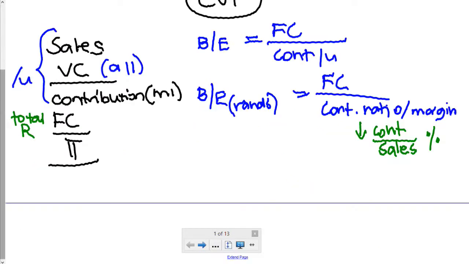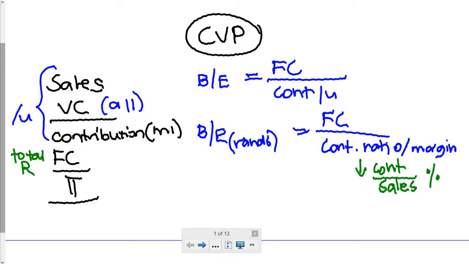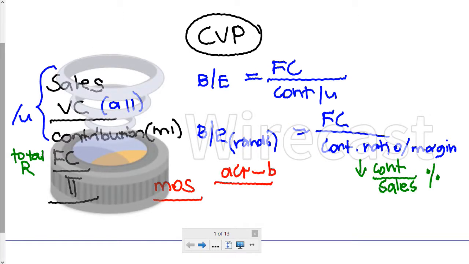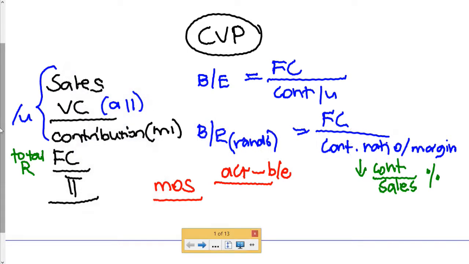We also, when we did CVP, looked at margin of safety. And margin of safety is a ratio that tells you how well you can sleep at night. It tells you how much your actual sales is bigger than your break-even sales.